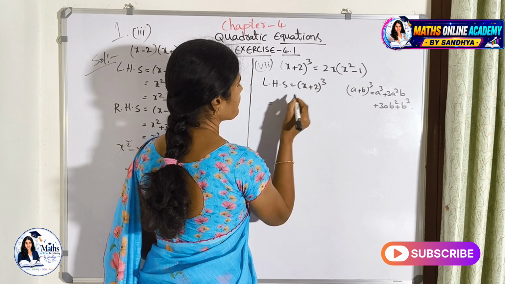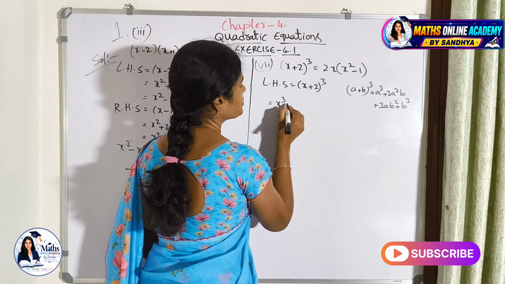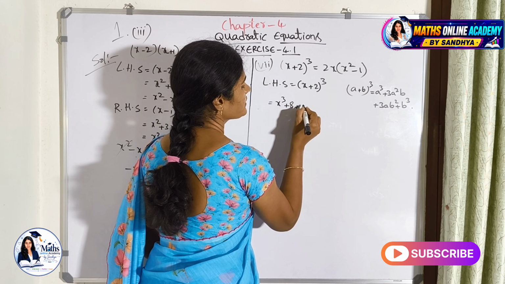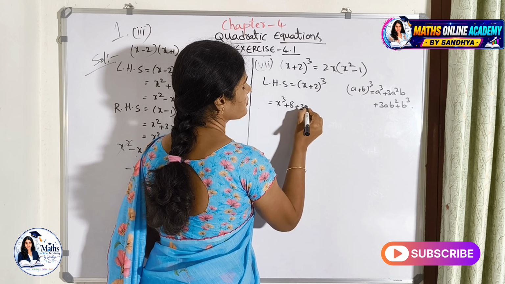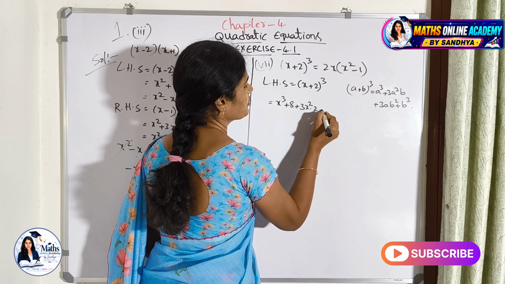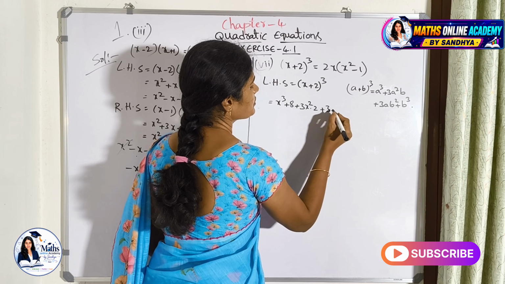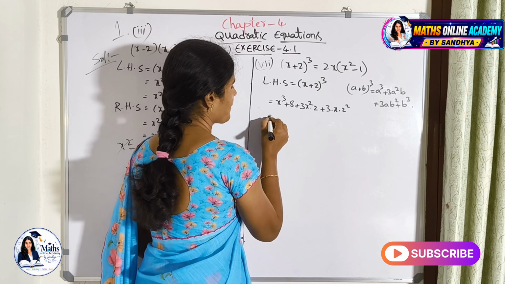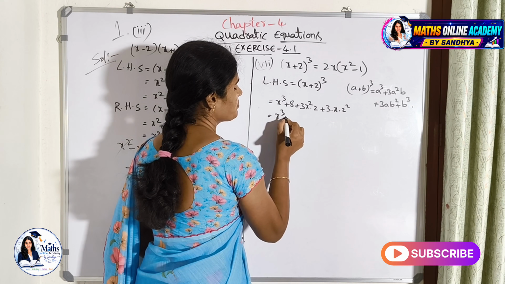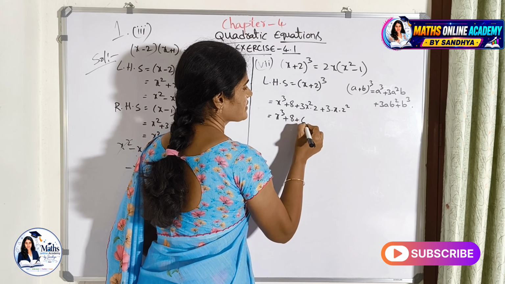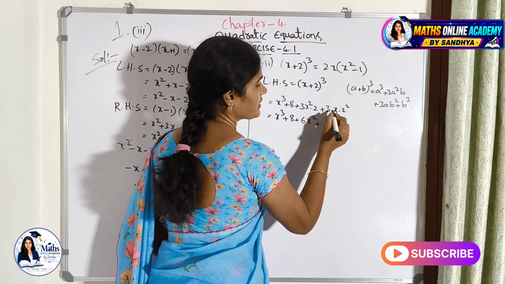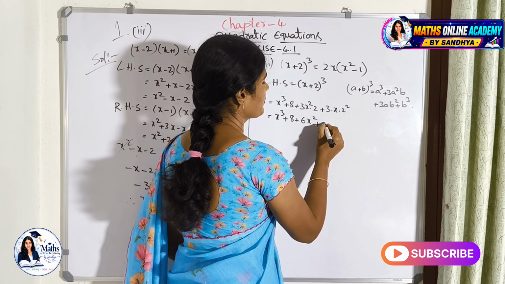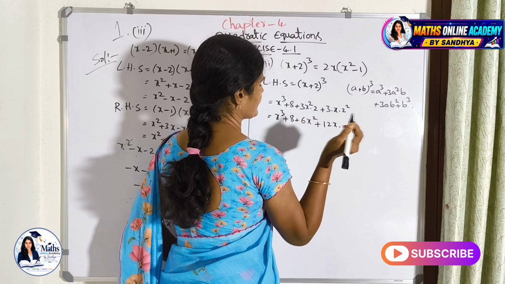So write down x cube, 2 cube means 8, plus 3a square b. a square means x square into 2, plus 3 into a, b square means 2 square. So x cube plus 8 plus 6x square plus 4, na, 4 threes is 12, 12x.